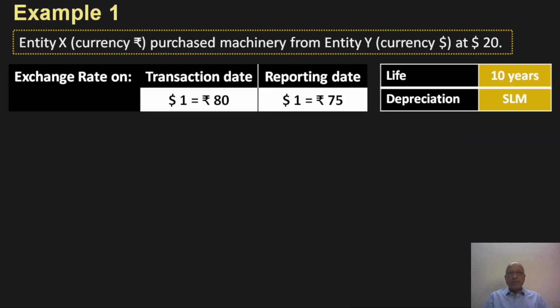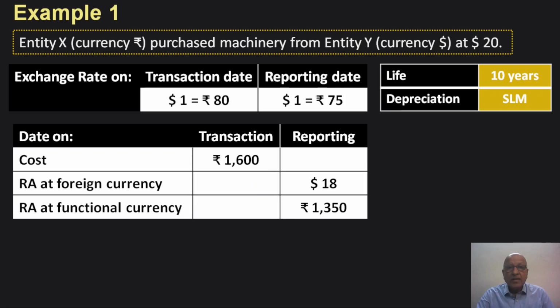Now we take some examples to make things understood. First, there is one entity, currency rupee, that purchases machinery from entity Y, currency dollar, at $20. Exchange rates given: transaction date is $1 = 80, reporting date is $1 = 75.